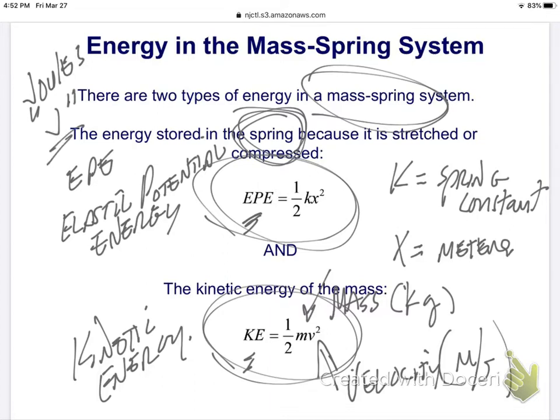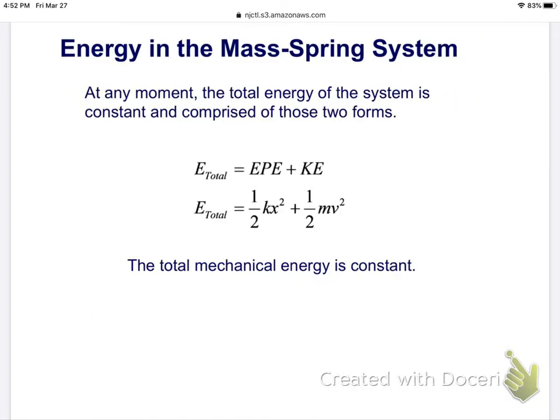That's the unit. So the important thing to remember in a mass spring system: the two types of energy, like I said, are EPE and KE. At any moment, the total energy of that system is equal to a combination of those two types of energy.